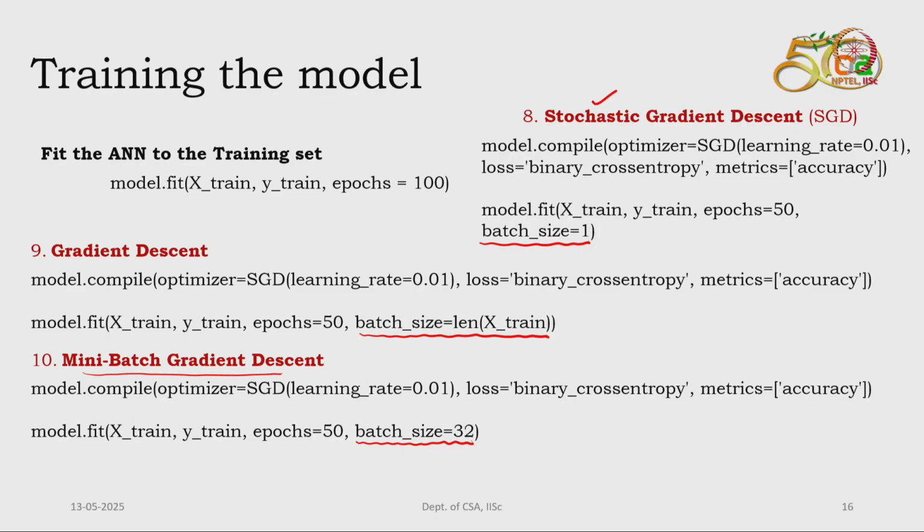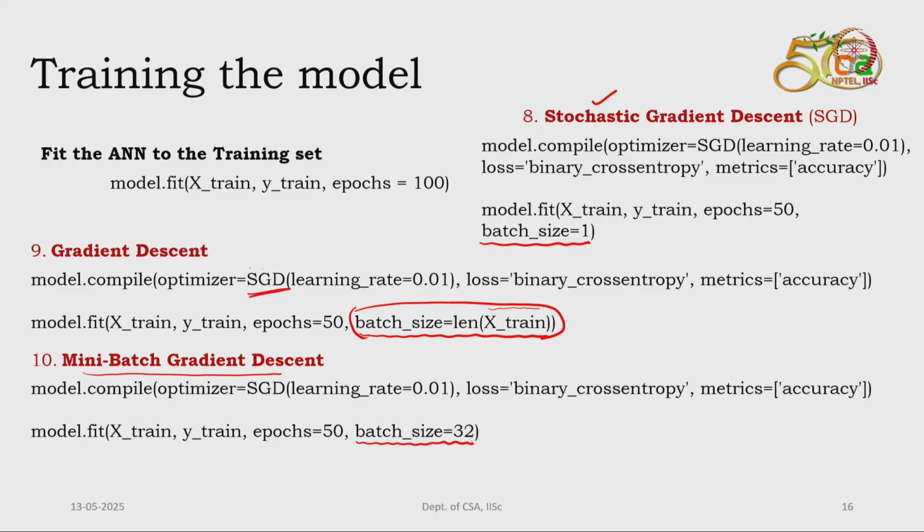So the length of your training data set, x_train, is your batch size. If this is your batch size, then even though the word stochastic gradient descent is used, because the batch size is the length of your training data, the optimizer is gradient descent.